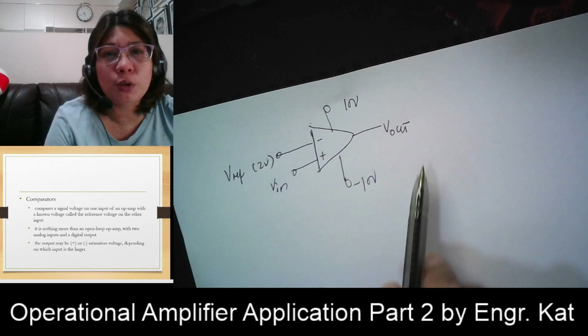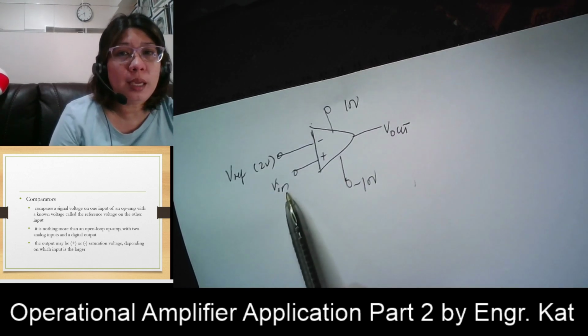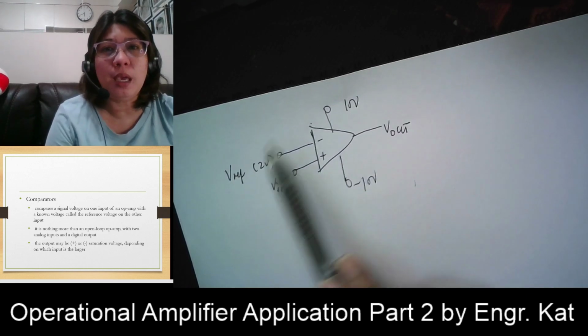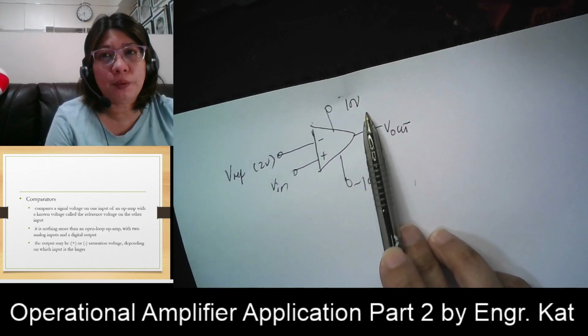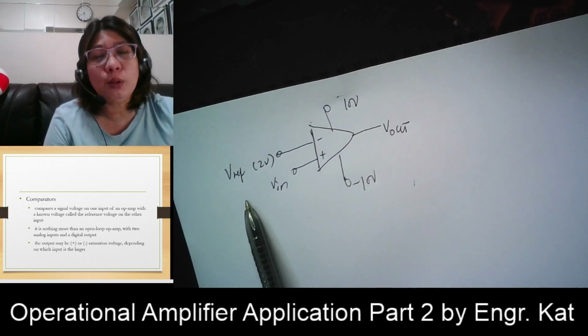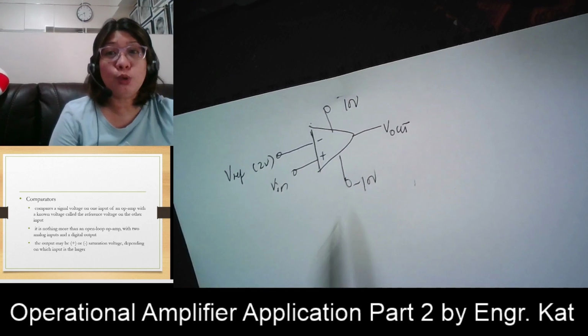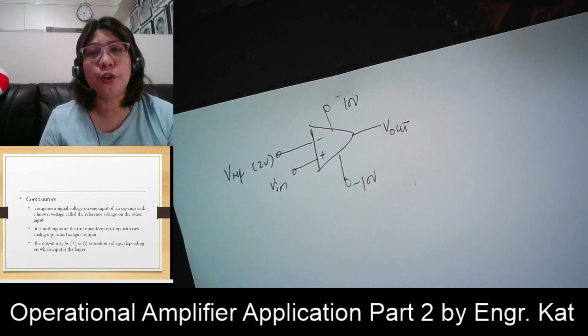It's either 10 volts or negative 10 volts. When your input is greater than 2 volts, you have an output equivalent to positive 10 volts. But when your input is lesser than 2 volts, you have an output equal to negative 10 volts.